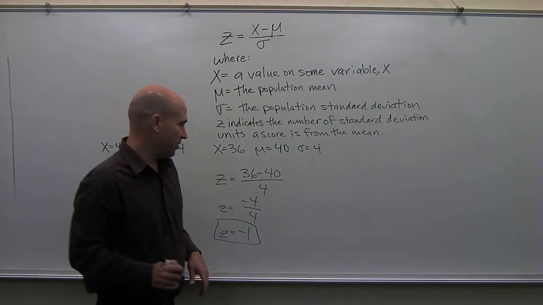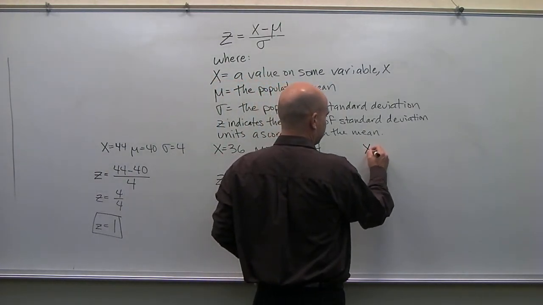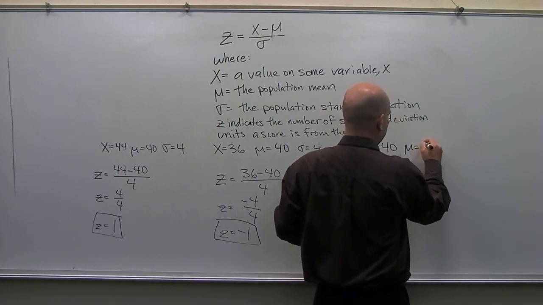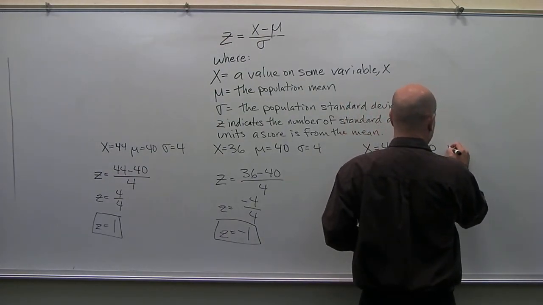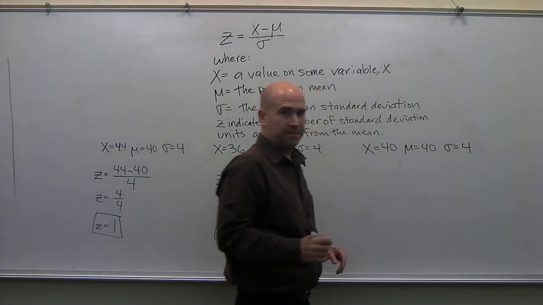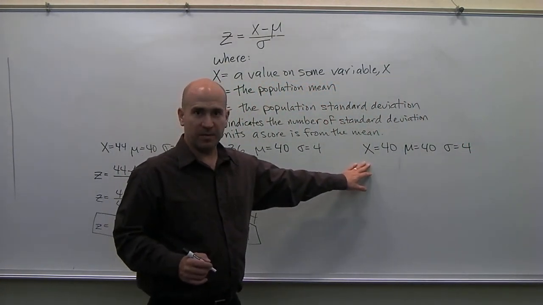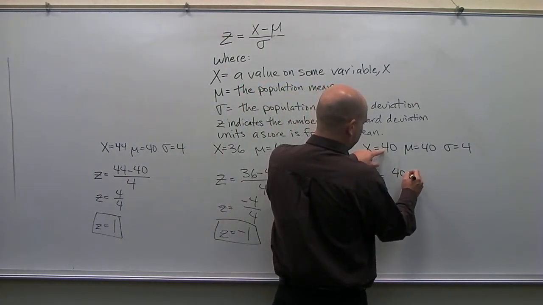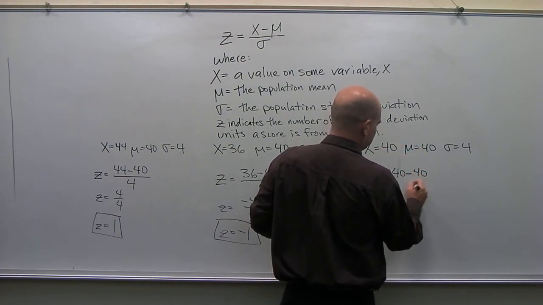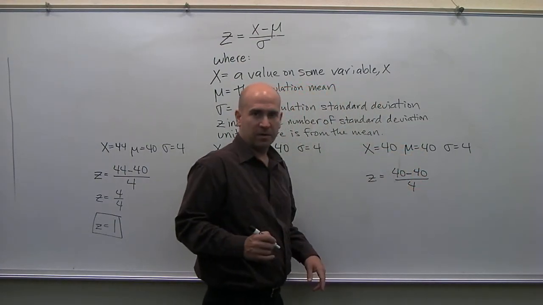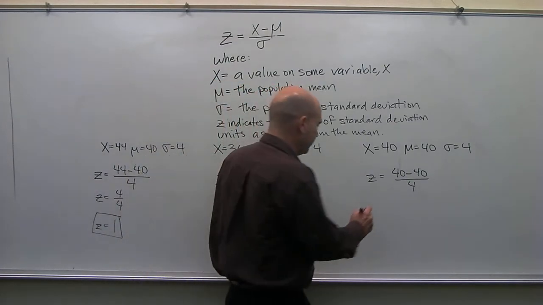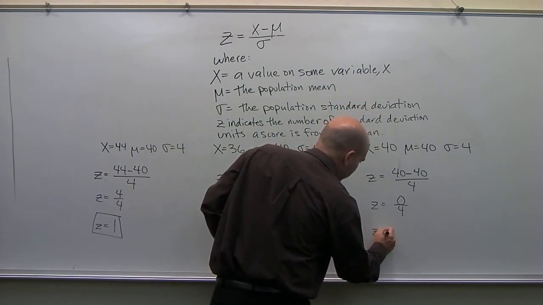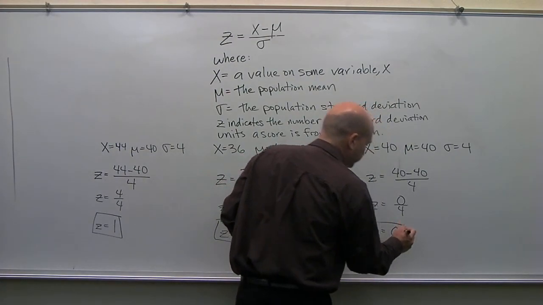Okay, in our last example, let's consider an x of 40, a mu of 40 once again, and the same standard deviation of 4. In this example, we have z equals 40 minus 40 over 4, which is equal to a z of 0 over 4, or a z of 0.